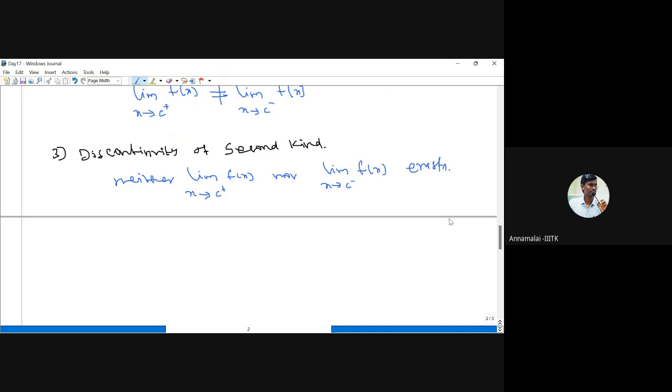And there are some more things. Discontinuity of the second kind from the left means the left hand limit does not exist, but the right hand limit exists. And discontinuity of the second kind from the right means the right hand limit does not exist, but the left hand limit exists. If both limits do not exist, then we simply say discontinuity of the second kind.